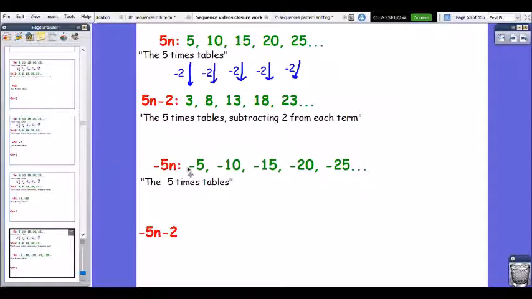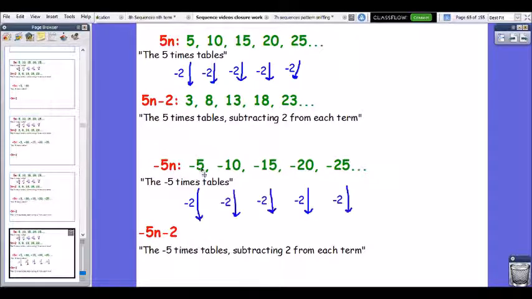Okay, if the negative 5 times tables is negative 5n, what would the sequence negative 5n minus 2 look like? Well, let's think about it. It's the negative 5 times tables, but I'm just subtracting 2 from each term. Right, so if the negative 5 times tables usually starts with a negative 5, what would negative 5n minus 2 start with?